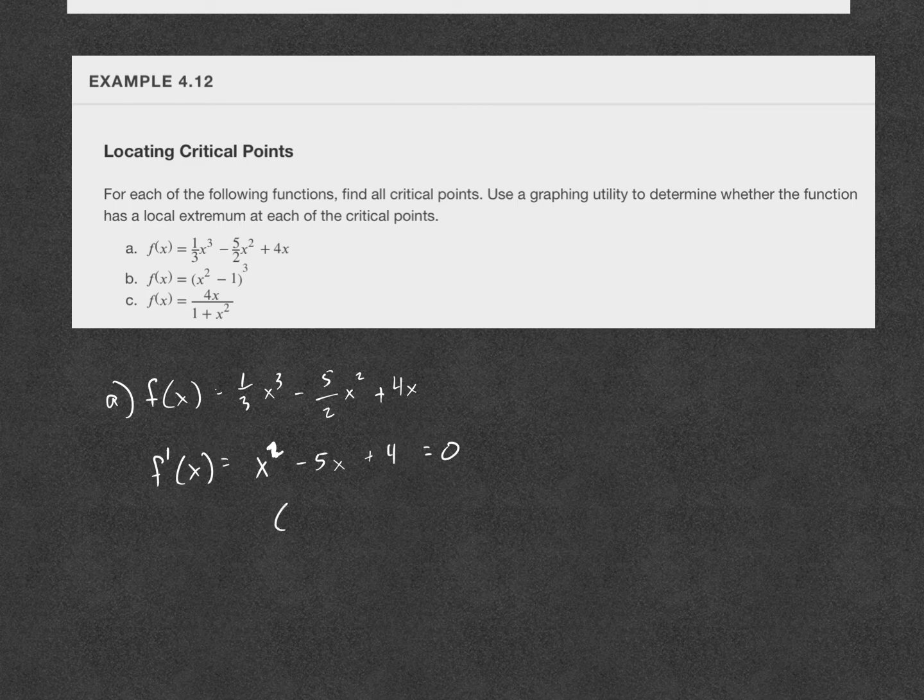This quadratic I can solve by factoring. x minus 4 times x minus 1 equals 0. So x is equal to 4 and positive 1. And you can go to OpenStax or use some website like wolframalpha.com to take a look at this graph if you want to. But I'm going to label and let you know that x equals 1 is a local maximum.